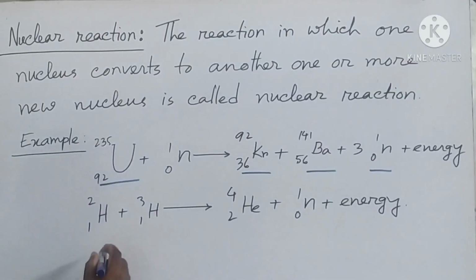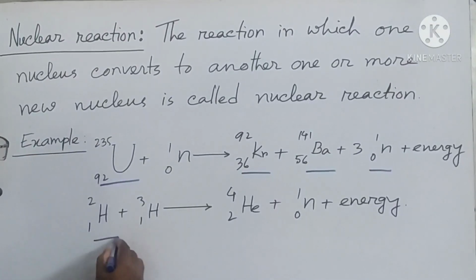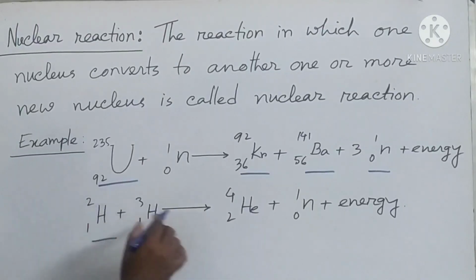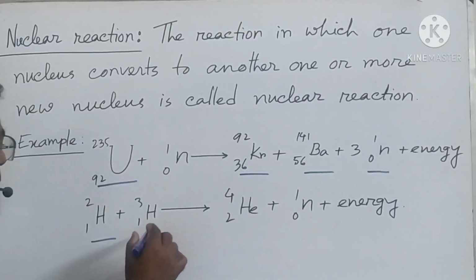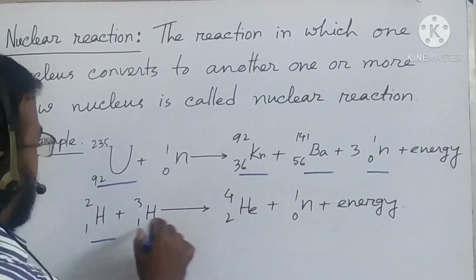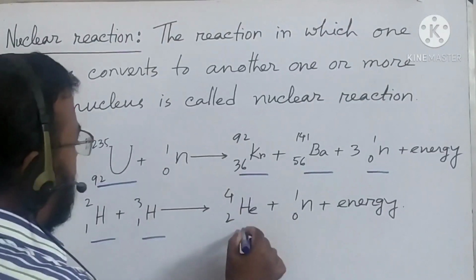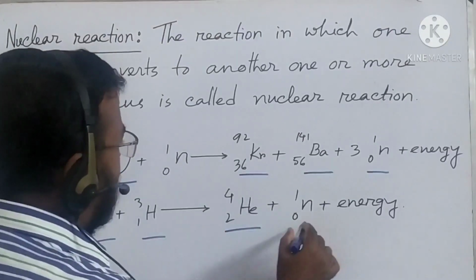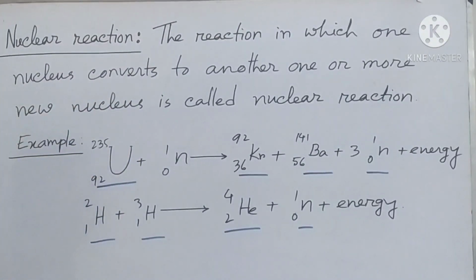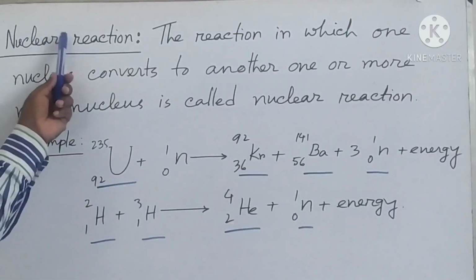Now in the second one, hydrogen and hydrogen, with atomic number and mass number. These two hydrogen nuclei combine together and form helium nucleus and one neutron and a huge amount of energy. So this type of reaction is called nuclear reaction.